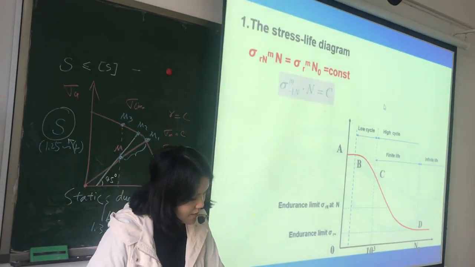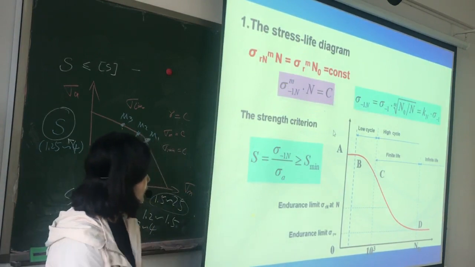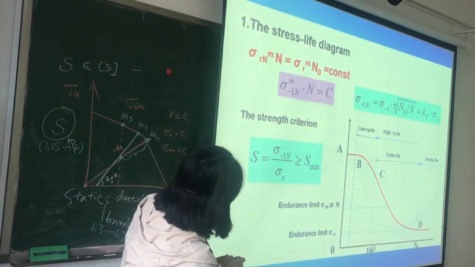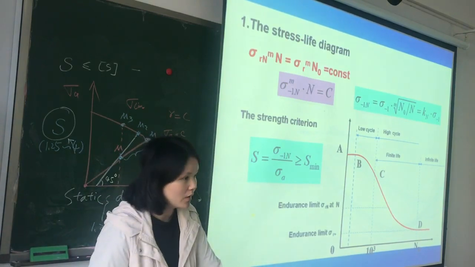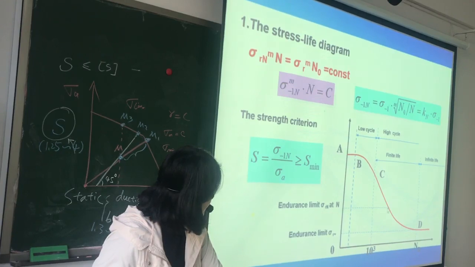And the S-N curve is used to calculate the number of cycles to failure. Under the stress level sigma i, we can find the number of cycles to failure on the curve.